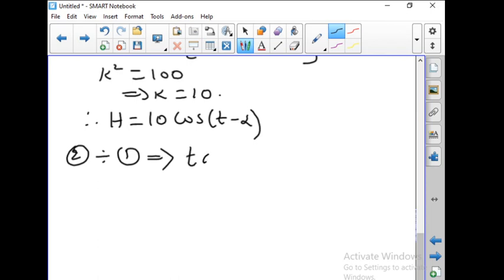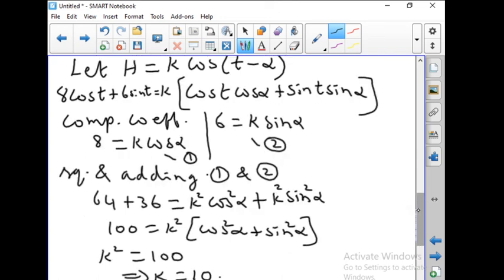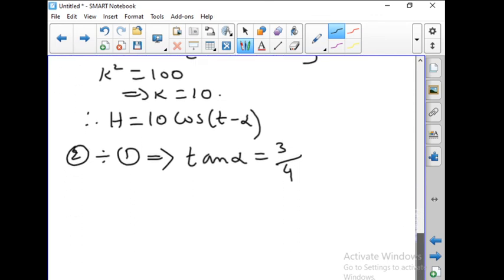We get tan alpha is equal to 3 by 4. Yes, 2 divided by 1. 2 is k sin alpha divided by 1, k cos alpha. So you get 6 by 8. Tan alpha is equal to 6 by 8. So we get tan alpha is equal to 3 by 4.